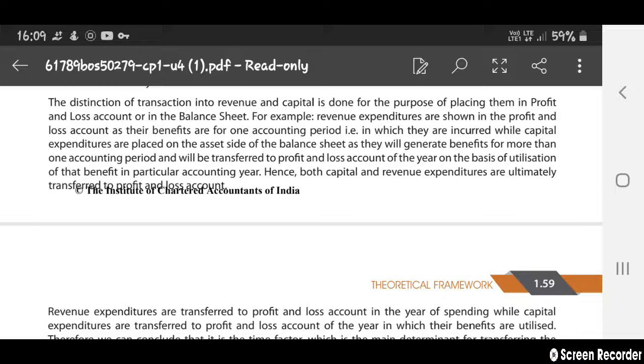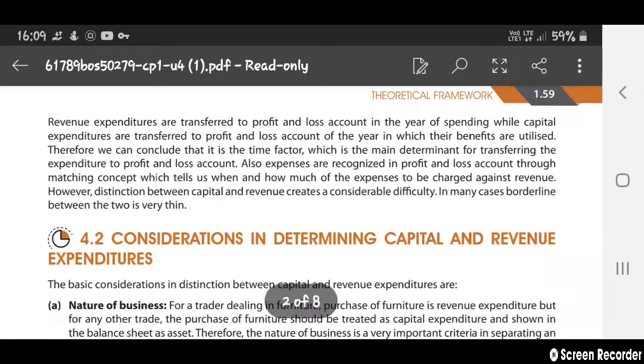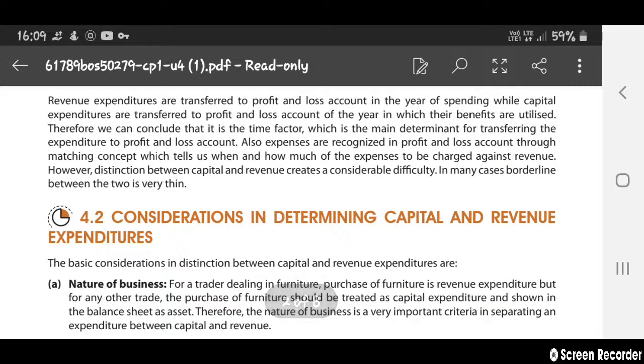Whether it gives you profit or loss, both capital and revenue expenditure ultimately reach the profit and loss account.